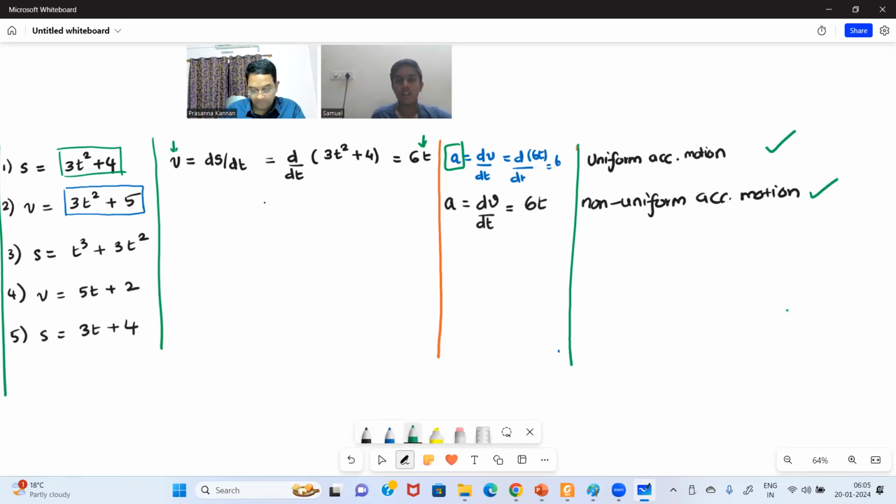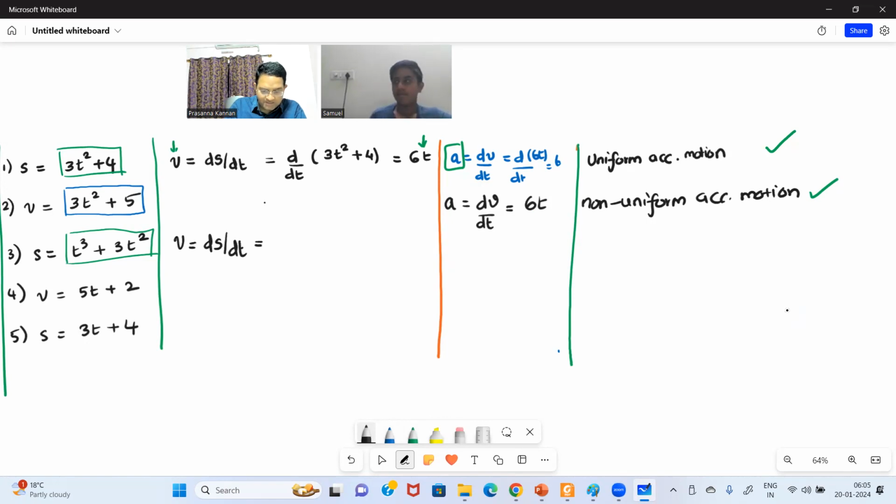Next one, third one. Third one, displacement is given. Tell me first whether it is uniform motion or non-uniform motion. Again, you cannot tell it at this step, right? What do you need to find out? Differentiation again, to get what? Velocity. Good. So velocity you'll find first.